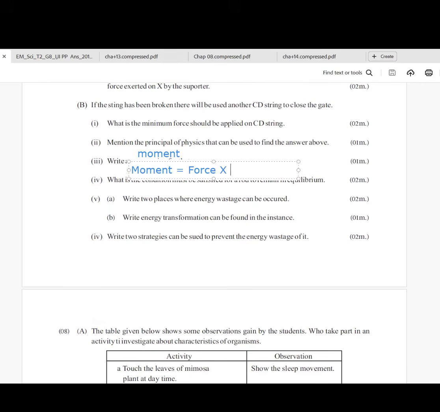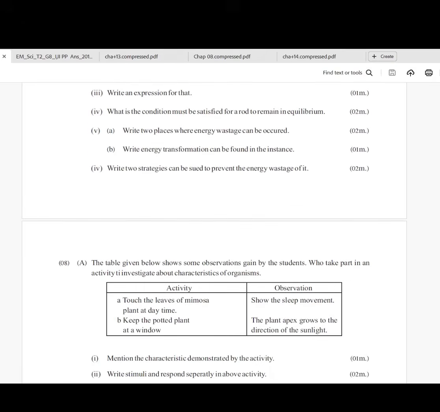You can write perpendicular distance. What is the condition that must be satisfied for a rod to remain in equilibrium? Anticlockwise moment should equal the clockwise moment.